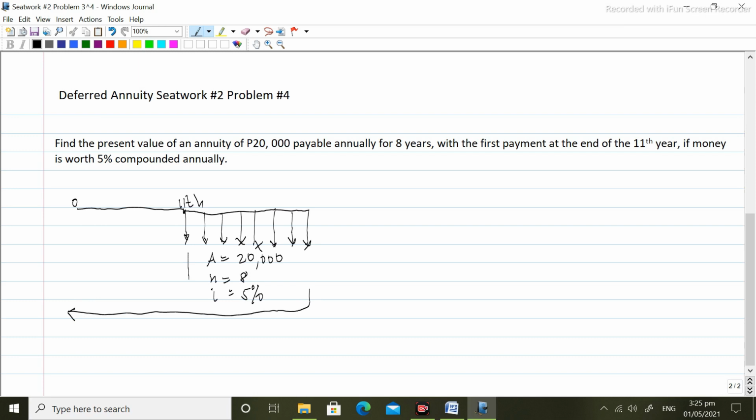Mayroon ng formula dyan na shortcut for deferred. So, P is equal to A, 1 minus 1 plus I raised to negative N divided by I, close bracket, and then i-multiply lang natin ng 1 plus I raised to negative M. Yung M, ito po, pero hanggang, di ba yung ordinary annuity? So, ito yung magiging 0 sa ordinary annuity.